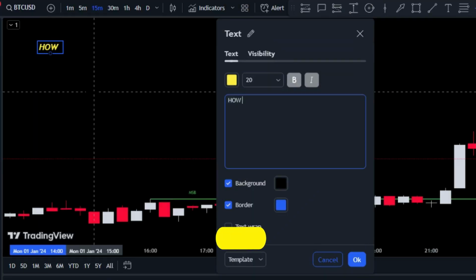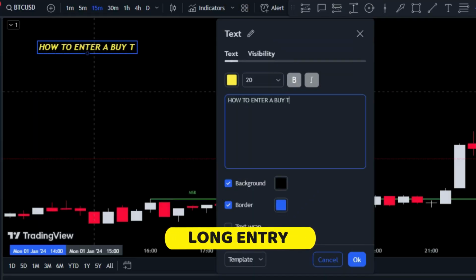Now suppose you're considering entering a long trade. The first thing you'll want to observe is a bullish breakout.